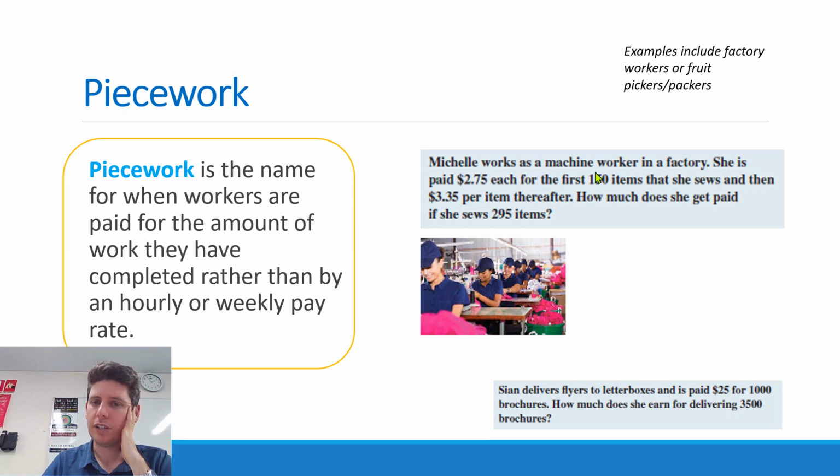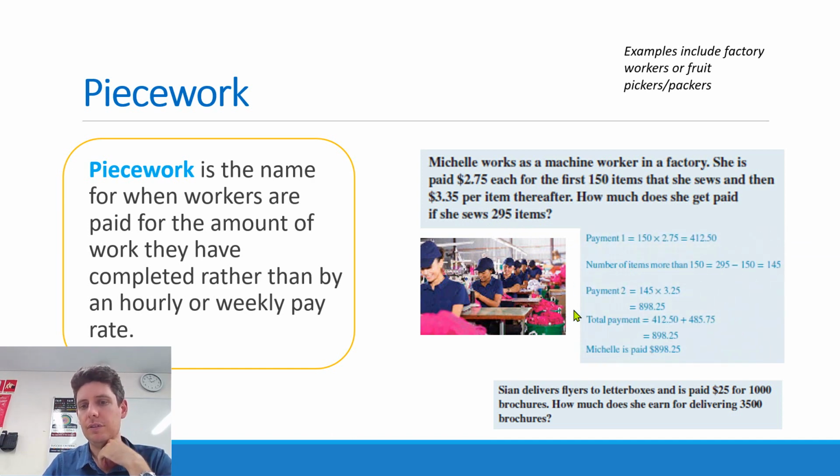So you got Michelle, she works at a factory. She gets paid this amount for 150 items. She sews, and then anything after that, she gets paid that amount. So you've got 2.75 times that, and then you've got to minus that away and times that amount by $3.35.